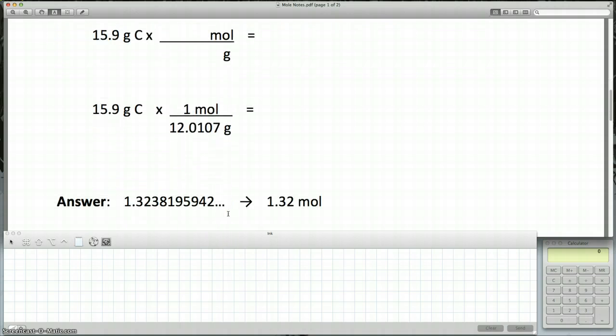Do that math, I end up with this big long number, 1.3238, and so on. I look back at my starting number, I see my starting number has 3 sig figs, so my answer should have 3 sig figs. So I cut that off at 132, right there. The 3 is not going to change the 2, so my final answer is 1.32 moles.